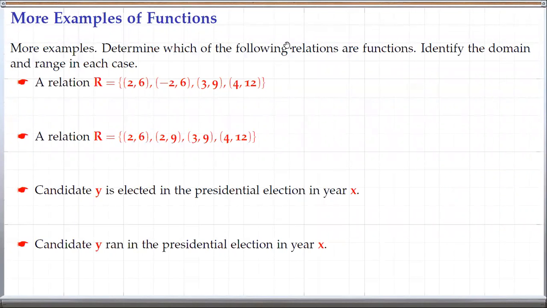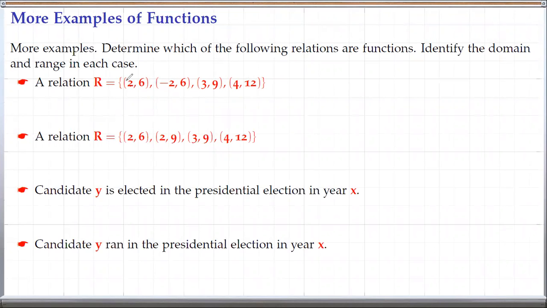Here are some more examples. We want to determine if these are functions, and we want to determine domain and range in each case. So if you look at the first one, we have the relation given this way, 2 being mapped to 6, -2 being mapped to 6, 3 being mapped to 9, 4 being mapped to 12. So we ask if each x value is being mapped to only one y value. So 2 is being mapped to 6 only.